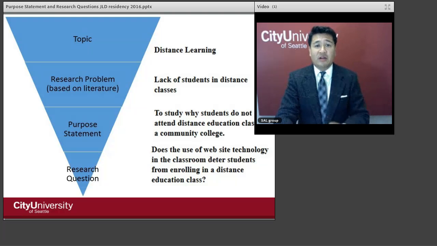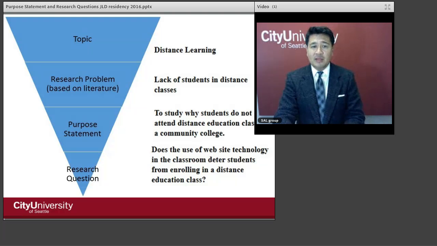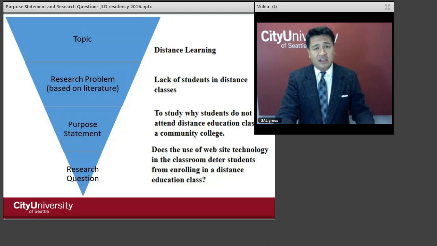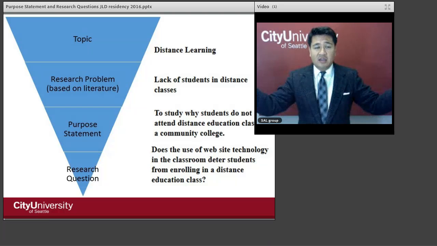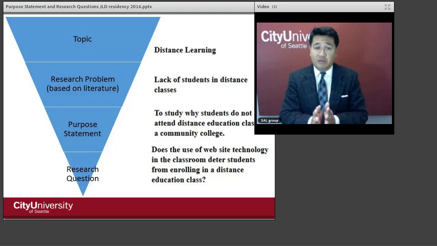That's even narrower still, but still too broad overall. Narrow it down some more: does the use of website technology in the classroom deter students from enrolling in a distance education class? So the whole idea behind this research triangle illustration is to get your thinking from the broad to the narrow, and your dissertation is the narrow.